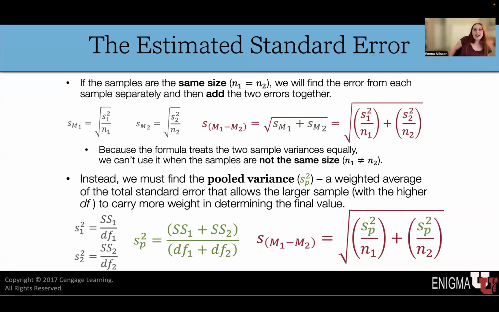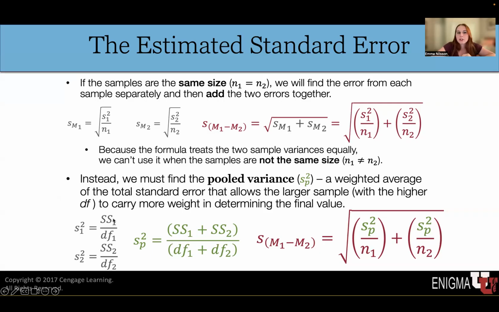But because of that, if our sample sizes are different, we can't just add the standard errors together. So instead, we need to use something called the pooled variance, which instead of being just a standard error is actually going to be a weighted average. So it allows whichever sample is larger, or in other words, whichever sample has more degrees of freedom, to carry more weight in the final value.